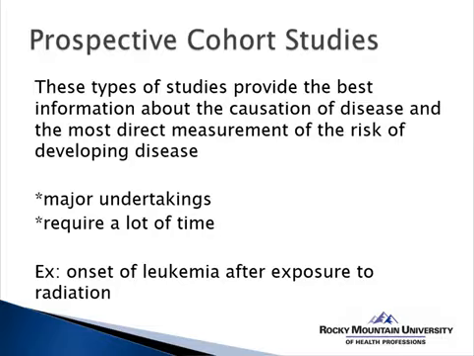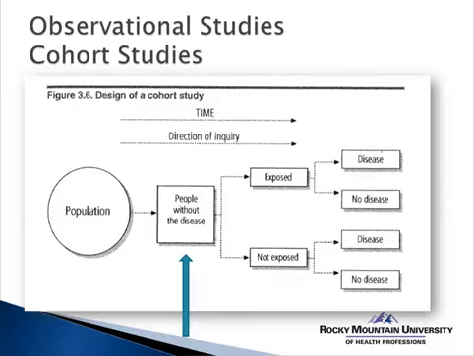If an event occurred, like a Chernobyl type event, how much time would you have to follow people for? And how much money would it take, how many resources to monitor these individuals, right? So you can see how that can be potentially challenging. So in some situations, it's better to do case control than it is to do cohort.